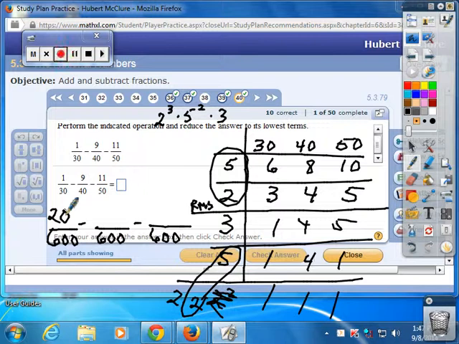How many times will 40 go into 600? 30. 3 times 10 is what? 30. 30 times 40, is that right? No. 15. Well, let's take out 40 again. 8. Oh, I'm sorry. This and this. There. 15. I'm sorry. 15 times 9. 135.